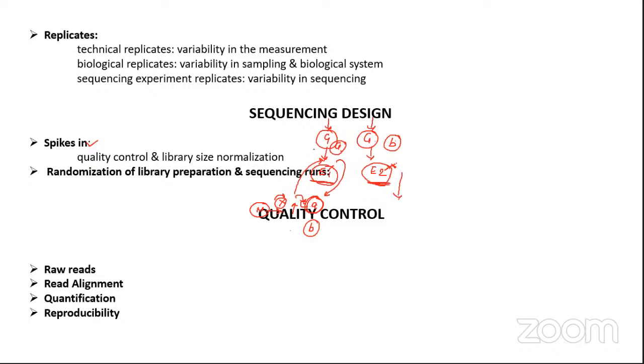Randomization of library preparation and sequencing run, which I have already explained, is how you can randomize your library preparation. So treatment 1, take 3 replicates, treatment 2, take 3 replicates. Say suppose I have one cell, I am plating in 3 plates. So these are my 3 treatments, and this is a replication of this.